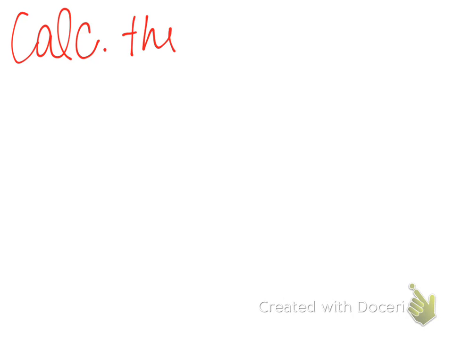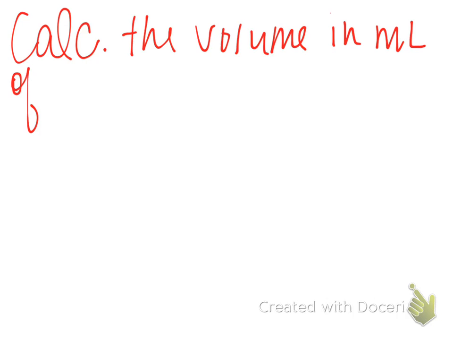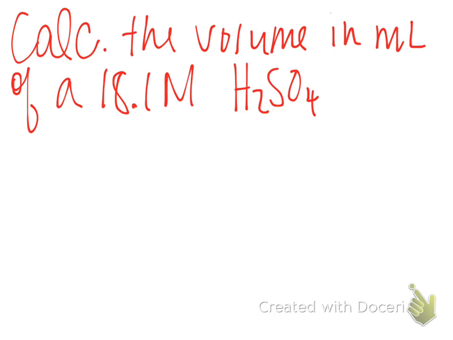Calculate the volume in milliliters of a 18.1 molar sulfuric acid solution, that's my abbreviation for solution. I don't know if that's the common one, but that's what I use.